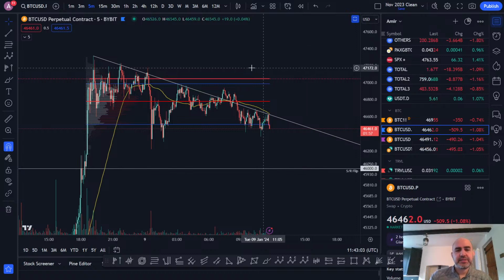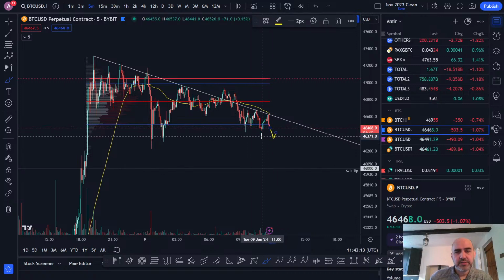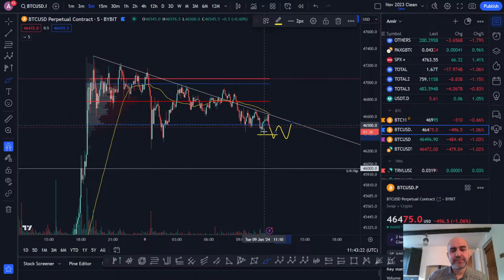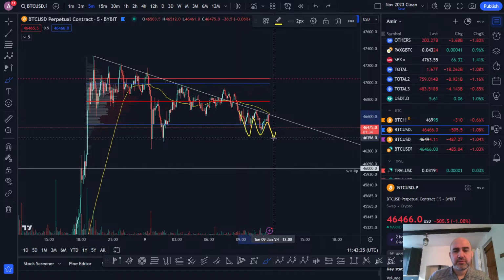Yeah, another squeeze here on these lows. One squeeze, two squeeze, three squeeze. You get like a three drives pattern here on these lows. 1, 2, 3.